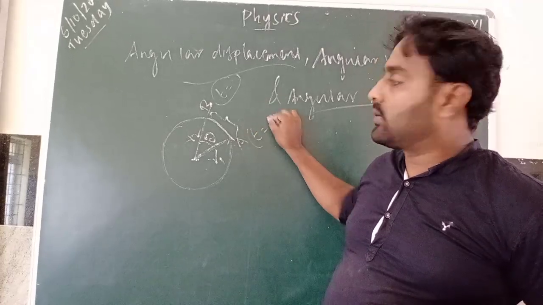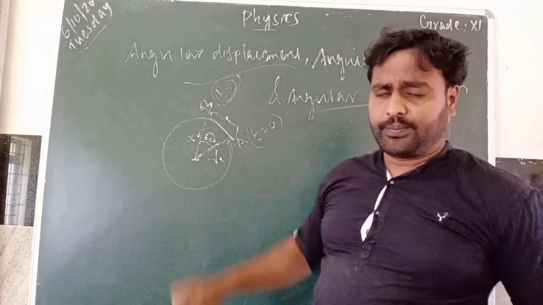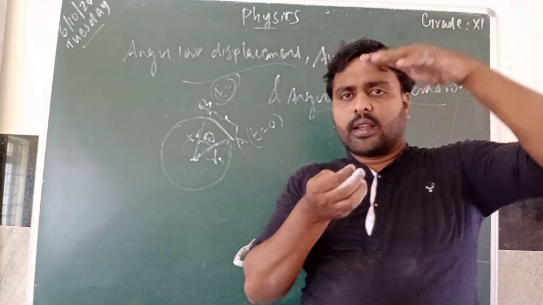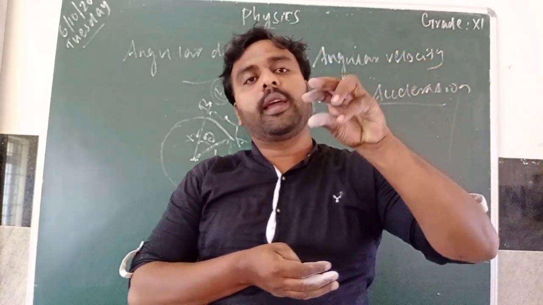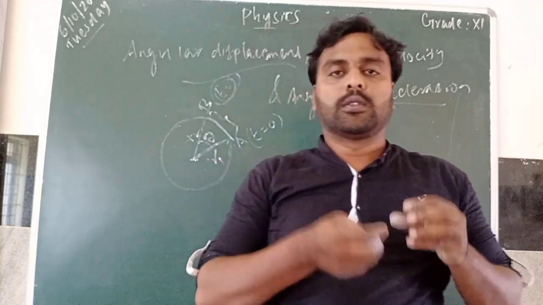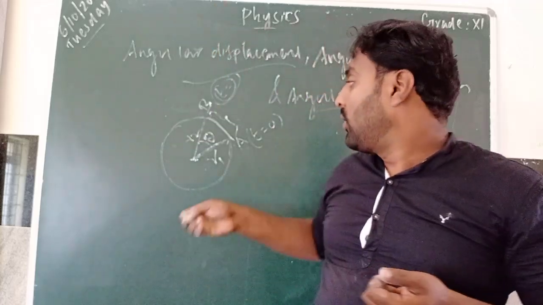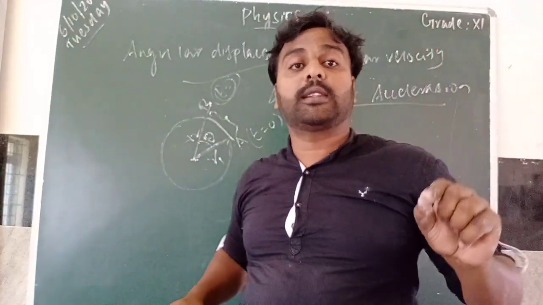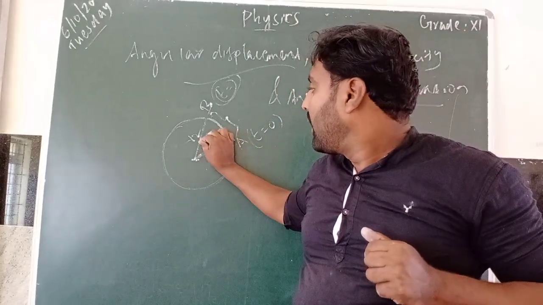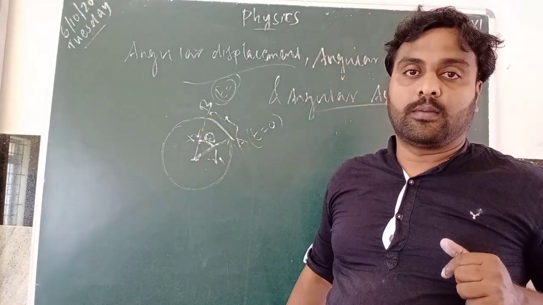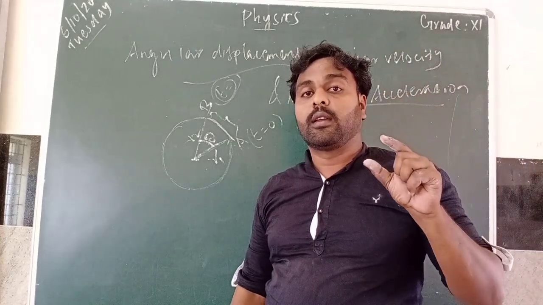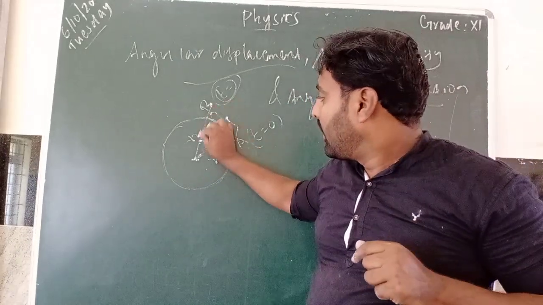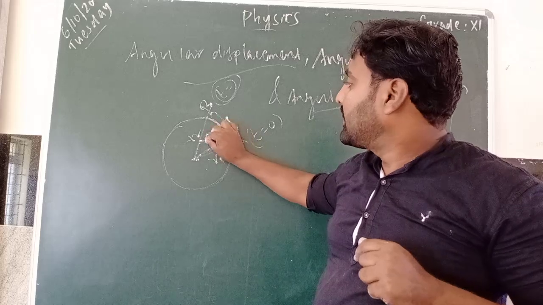So time t equal to 0, then the time changes, and the particle is moving from point A to point B. So there is a displacement. Due to this displacement, there is an angle produced, this theta angle.